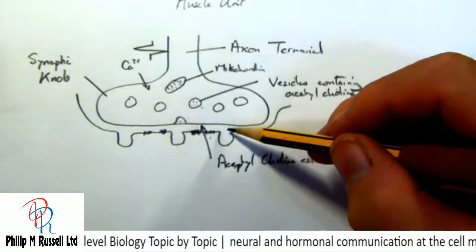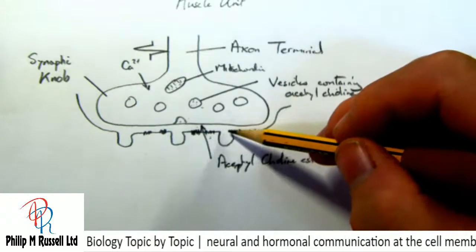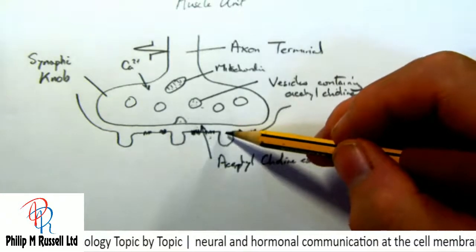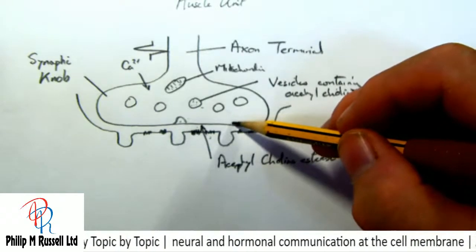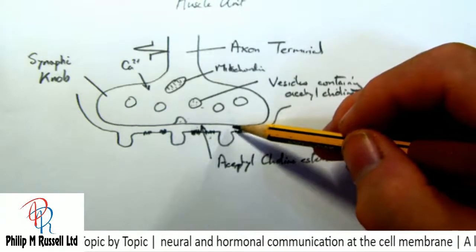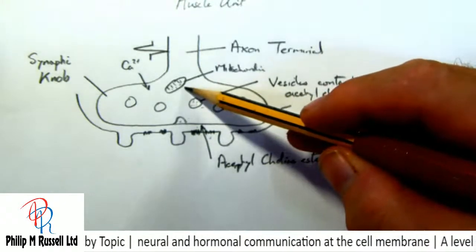As in other synaptic membranes, such as in the brain, this choline and ethanoic acid diffuse back into the neurone, where they're combined back into acetylcholine using energy provided by the mitochondria.